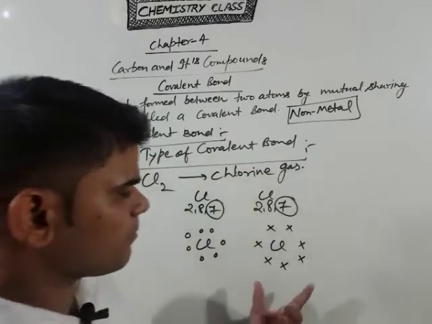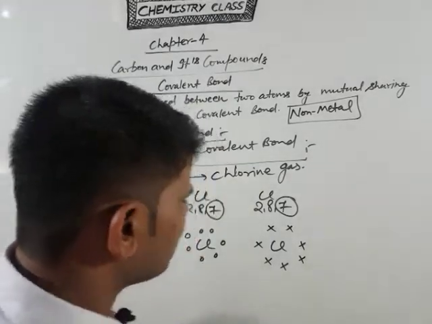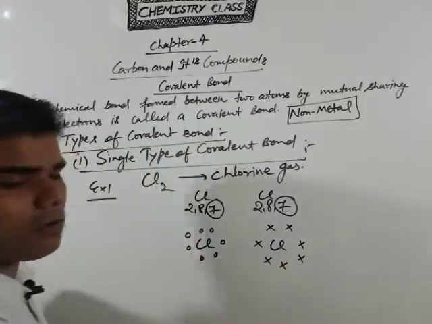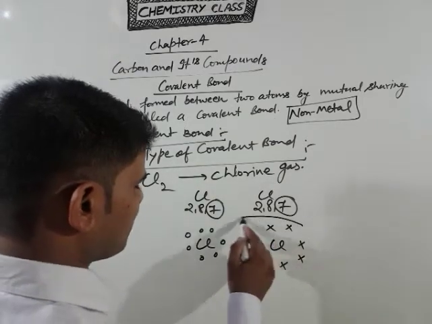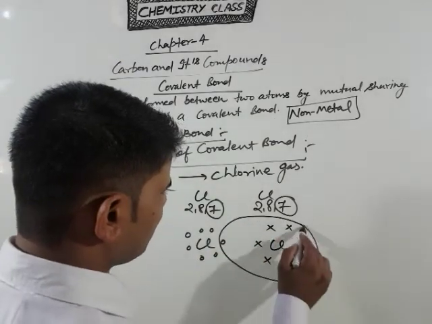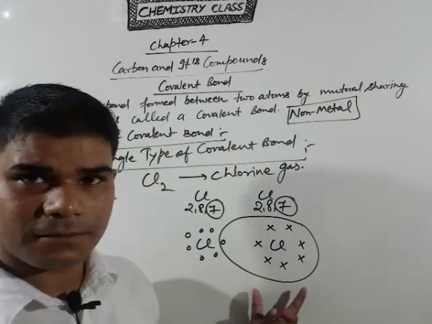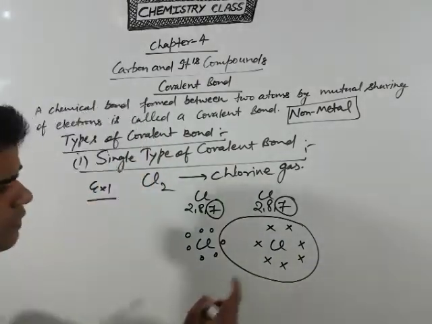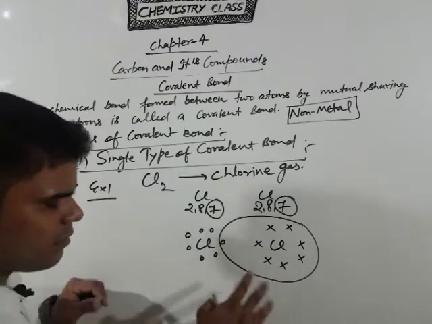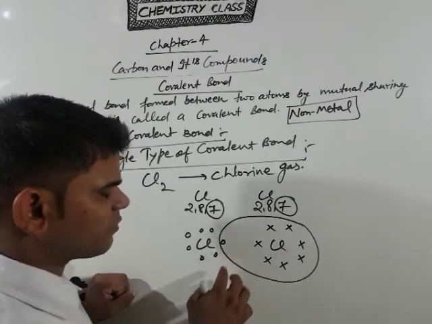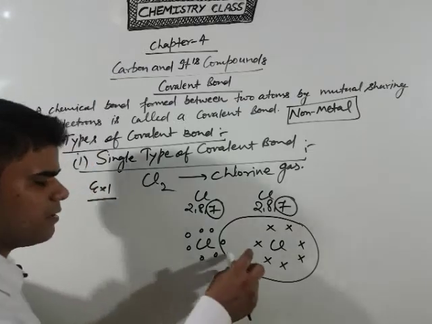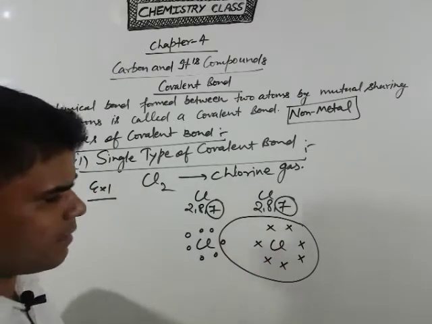So students, for stability, all atoms follow the octet rule. That means it will complete the octet. Here, with 7 electrons, if it takes 1 electron from the other chlorine atom, it will stabilize automatically.